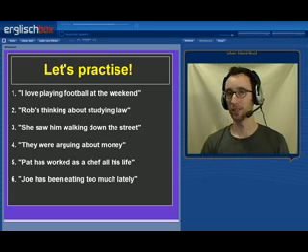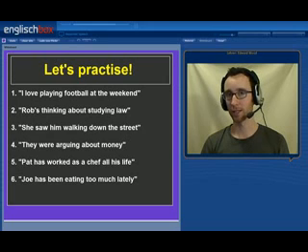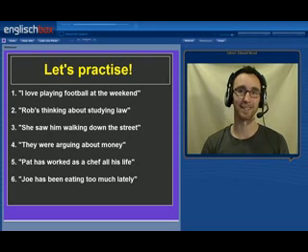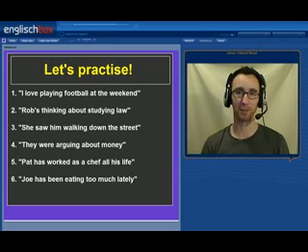Number 4 is past continuous, so you need to change this to past perfect continuous. Number 5 is in present perfect simple, so you need to change this to past perfect simple. And the final one is in present perfect continuous, so you need to change this to past perfect continuous.